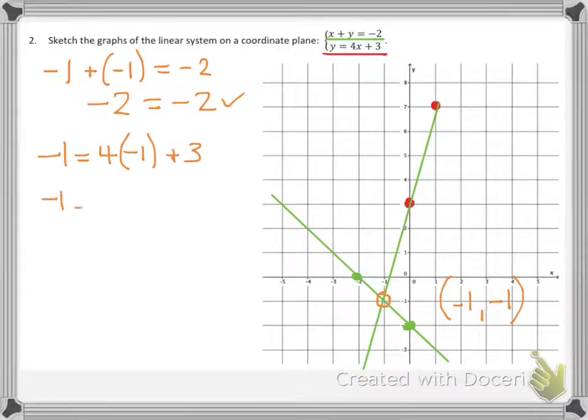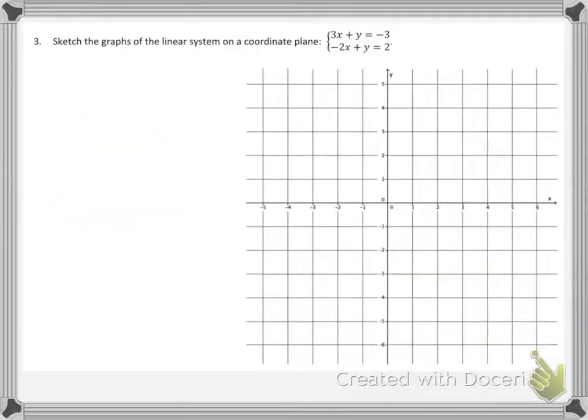So -1 equals, 4 times -1 is -4, and a +3. So we get -1 is equal to -1. That's also a solution for that equation. So the intersection, the point (-1, -1), is the solution to that system. All right, we are able to see that on the graph as well.